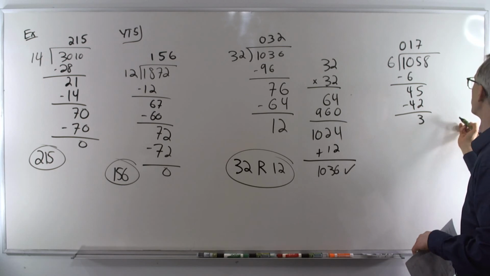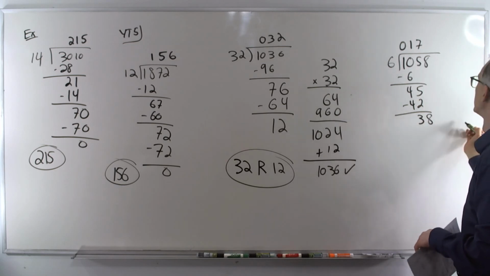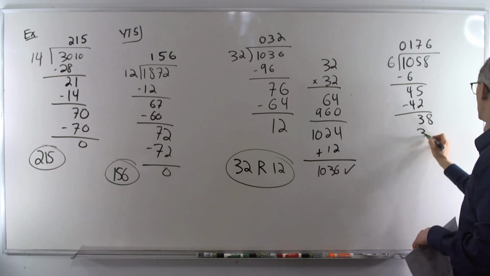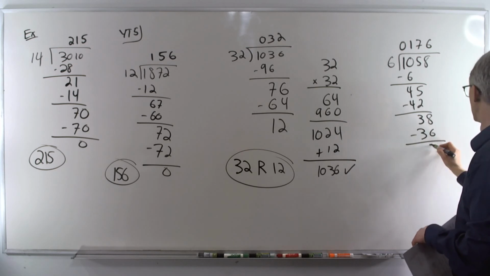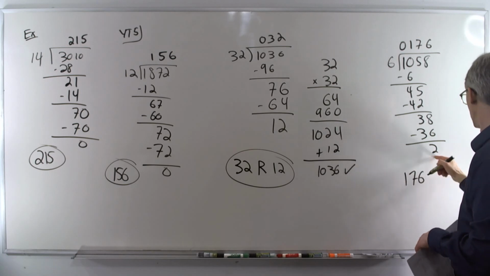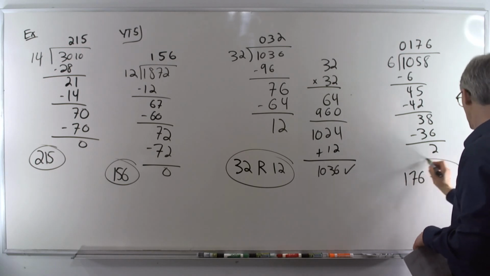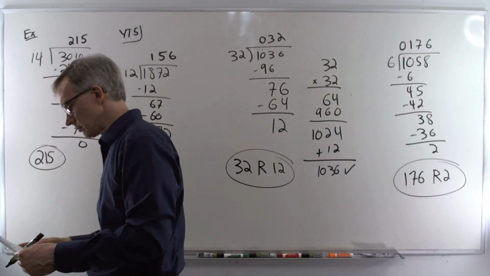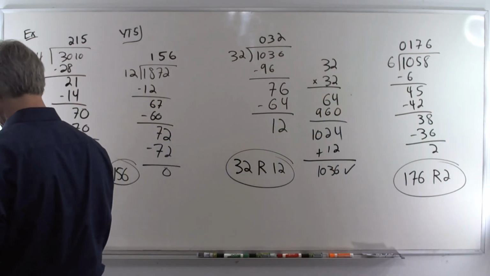Subtract to get 3. Bring down the 8. 6 goes into 38 6 times. 6 times 6 is 36. Subtract to get 2. So our answer is 176. 2 is the remainder. And make sure you check. Your turn, number 6.